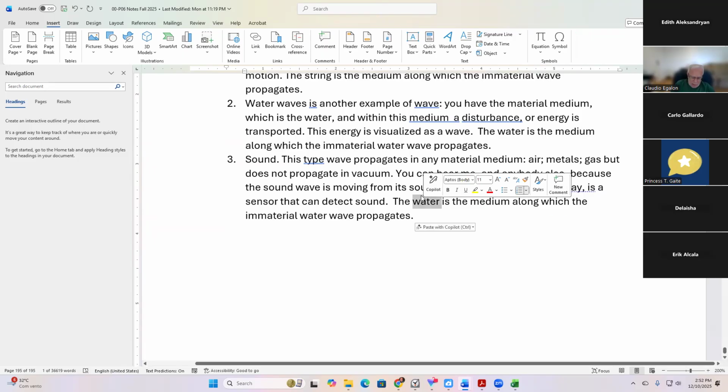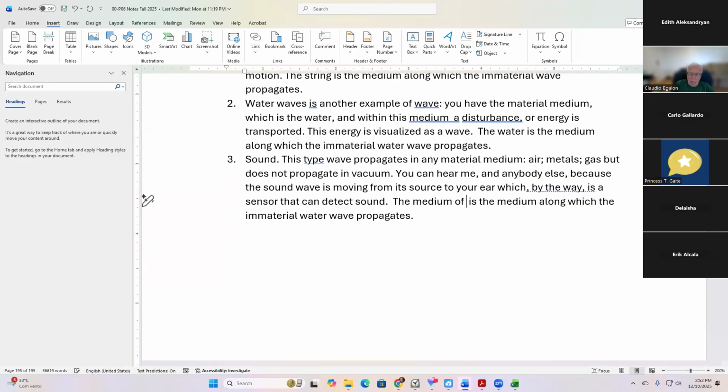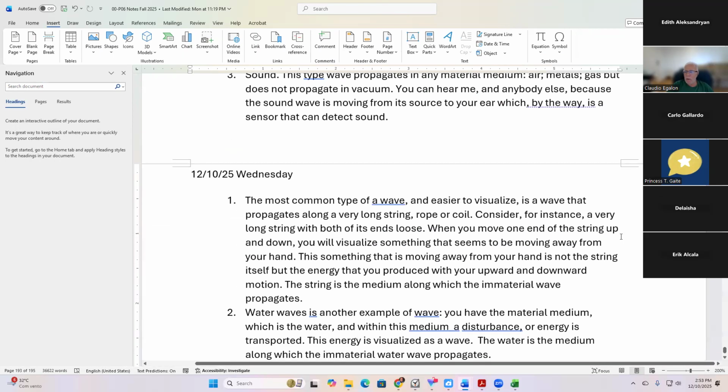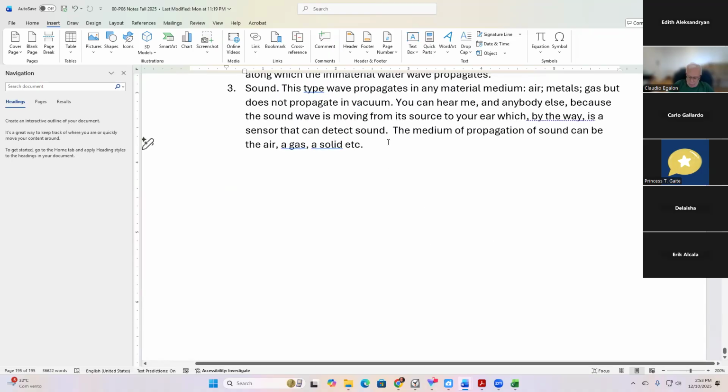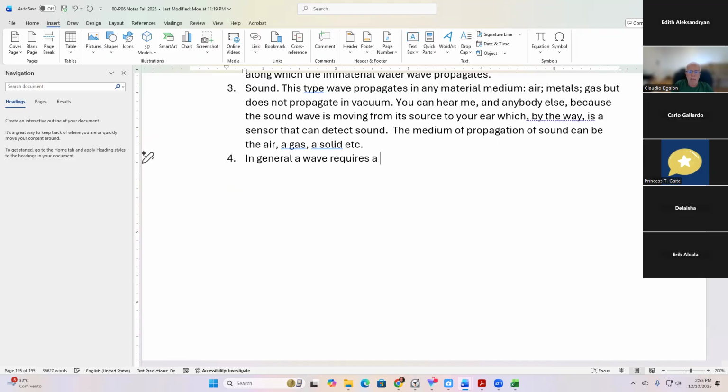The medium of propagation of sound can be the air, a gas, a solid, etc. And I mentioned that here as well. In general, a wave requires a medium to propagate.